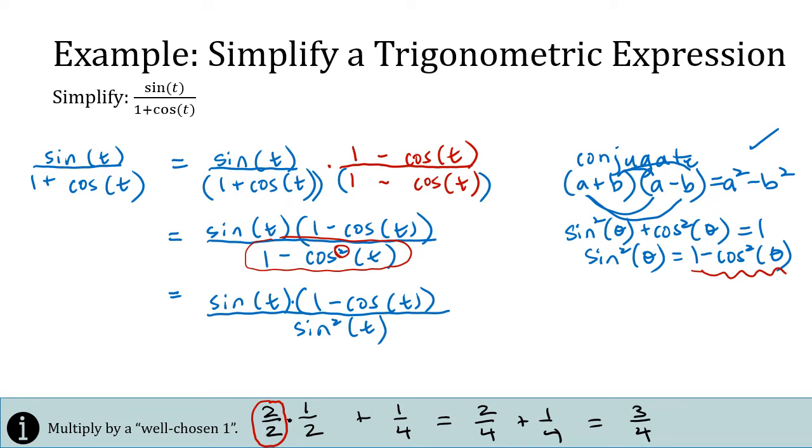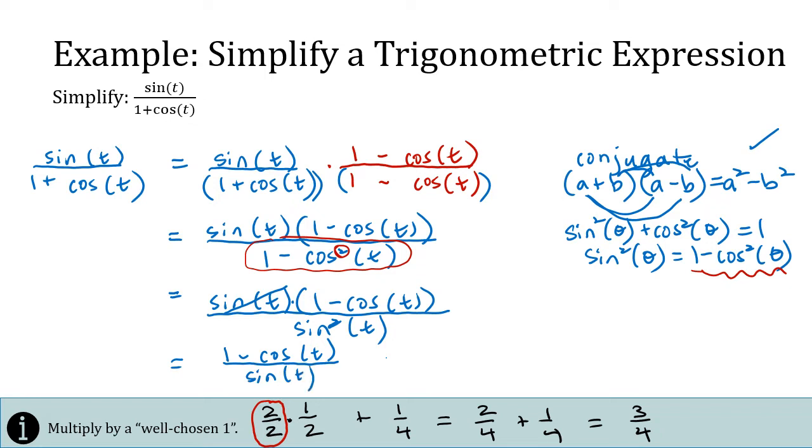Up in the numerator, I have sine of an angle. Down in the denominator, I have sine of an angle times sine of an angle. So one of those sines cancels out, and I am left with, up in the numerator, 1 minus cosine of the angle t, and down in the denominator, the sine of t.